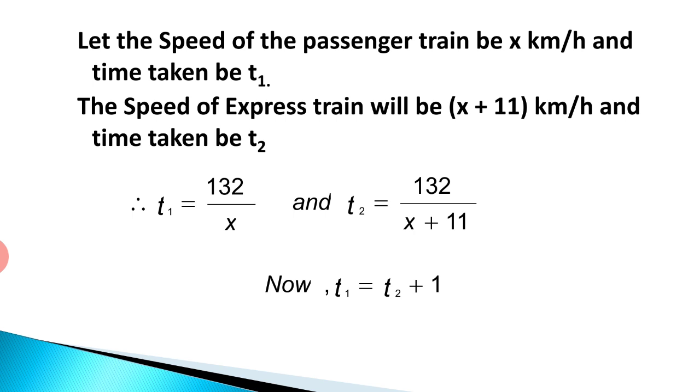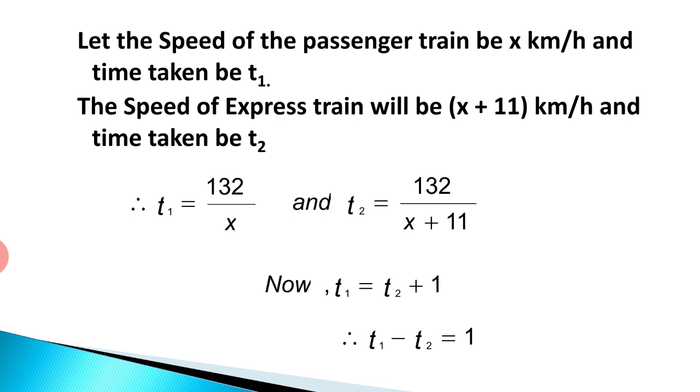Is it the same statement? Yes, t2 is the time taken by the express train. It requires 1 hour less, so I have added 1 hour here, and t1 will require 1 hour more. So t1 is equal to t2 plus 1.